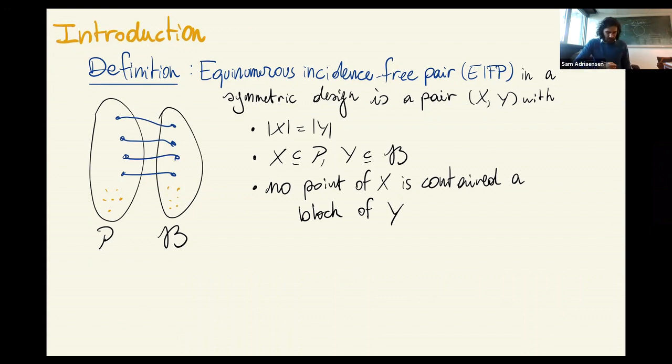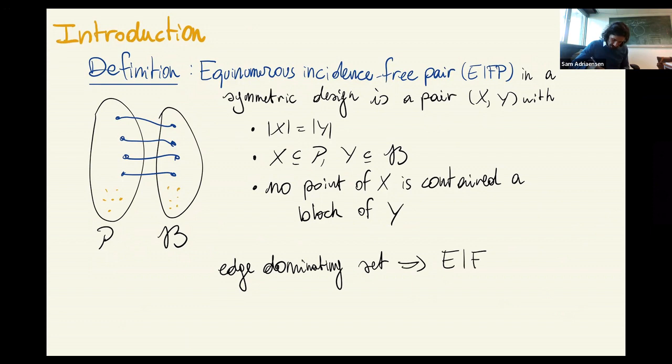And so the thing we know is that an edge dominating set gives rise to an equinumerous incidence-free pair. So I will abbreviate it as EIFP because otherwise it's quite long to write it in full.